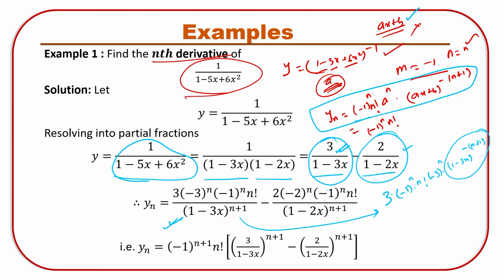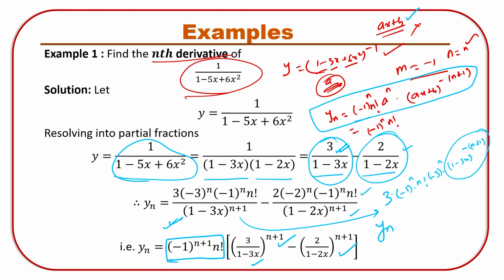Similarly, 2 into -2 to the power n. We can take the common factor (-1)^n factorial n, and this will give you 3 divided by (1 minus 3x) to the power n plus 1, minus 2 divided by (1 minus 2x) to the power n plus 1.